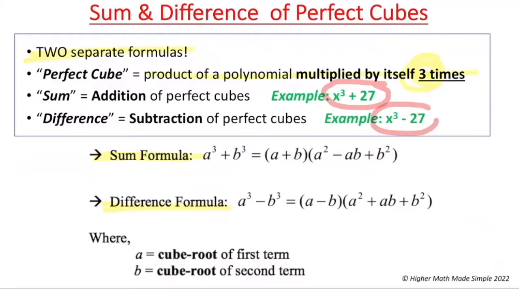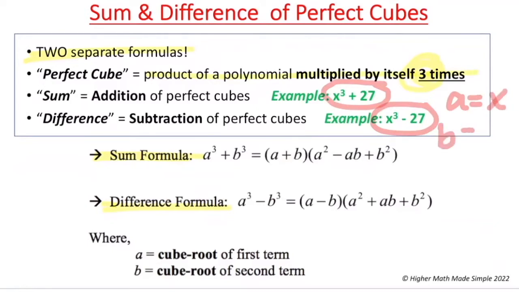Simply put, it's those same a's and b's, but now we're just subtracting them. In this particular case, a would be the cube root of x to the third. So what times itself gives me x to the third? x, right? x times x times x is x to the third.